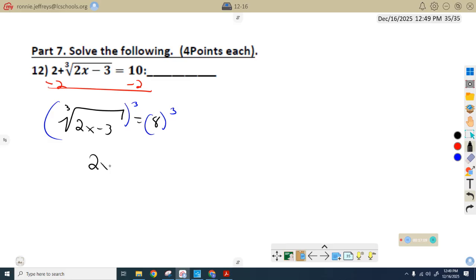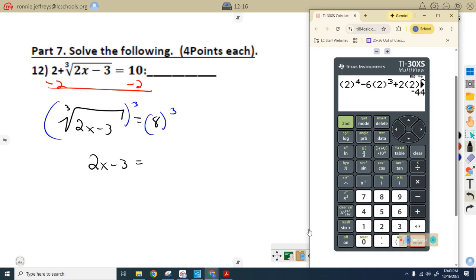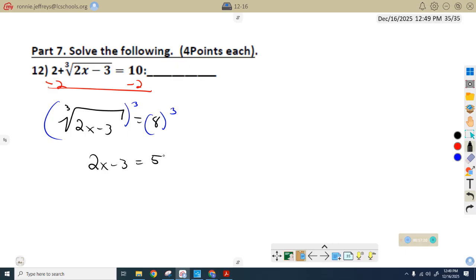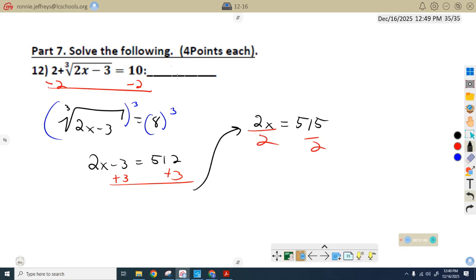So this gives us 2x minus 3 equals 8 to the third. Okay. 512. I had so many people that were unsure about themselves. They answered this yesterday with question marks. Like they gave me the right answer, but they were like, is it really right? Yes, you were here, but you were asleep half the time.